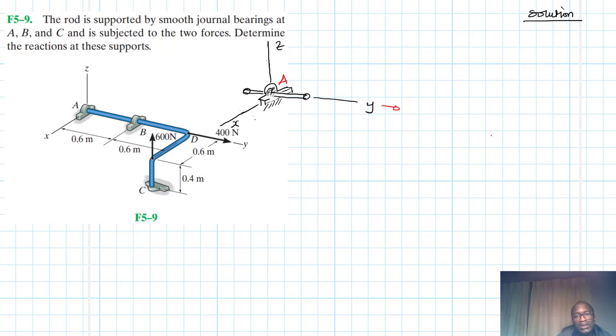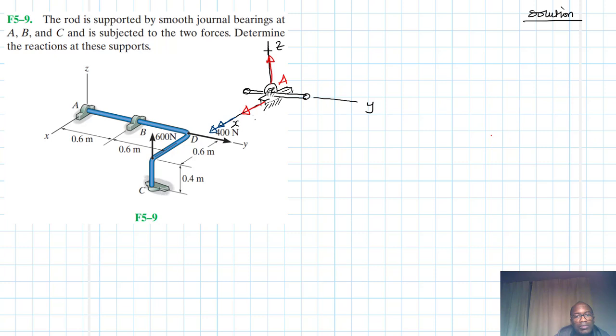We will not have any reaction there, but we'll have a reaction in the X axis and in the Z axis. Then we'll have also moments. I'll draw the moments using two arrows like so.